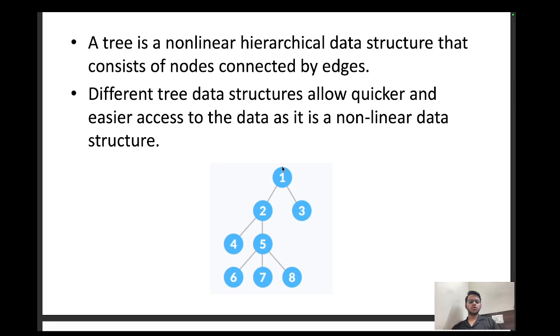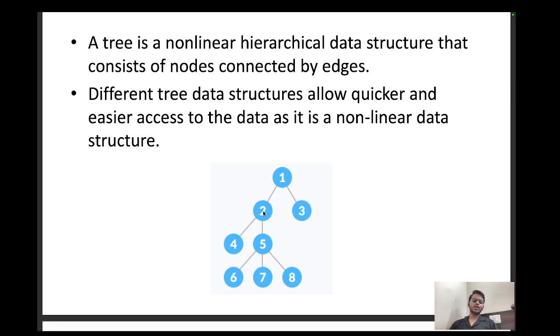These circles denote that these are nodes of the tree. Now, what is a node? If you see a tree, you see that there are different branches of the tree, correct? But when we come to data structures, we name these different branches as nodes.